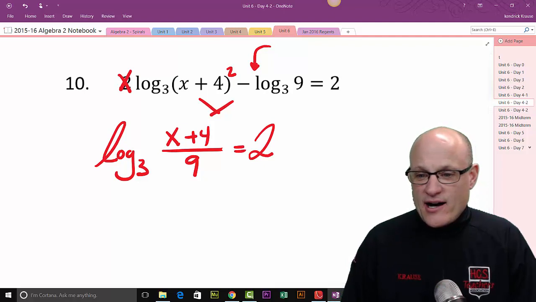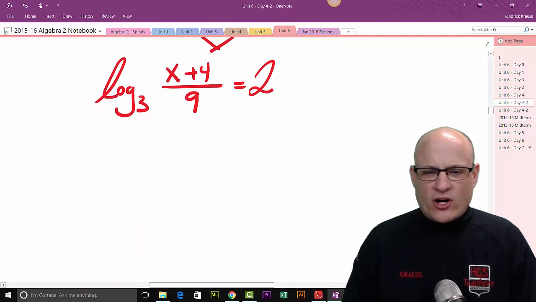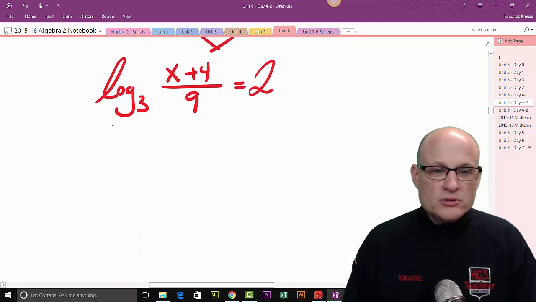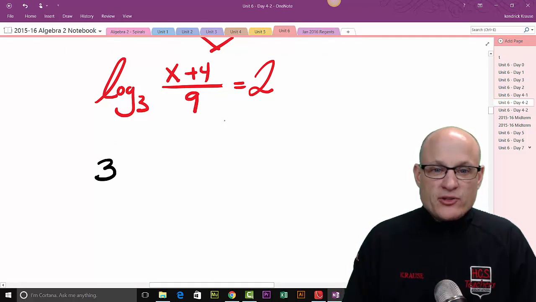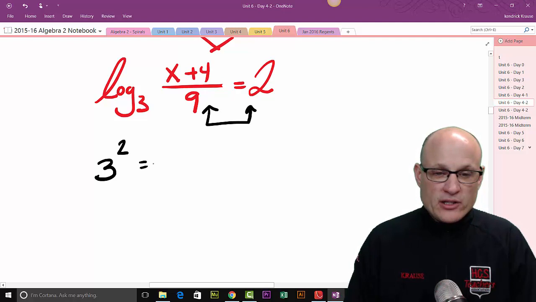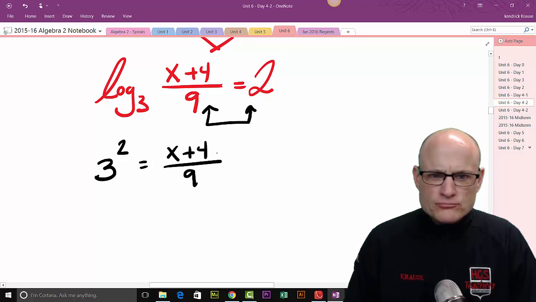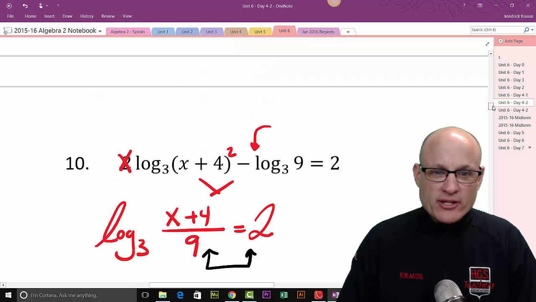So now it's all about that base. I'm going to copy down that base, 3. These two things are going to switch sides. So 3 squared is equal to x plus 4 over 9. Oh, wait. I forgot to... didn't I return the exponent?